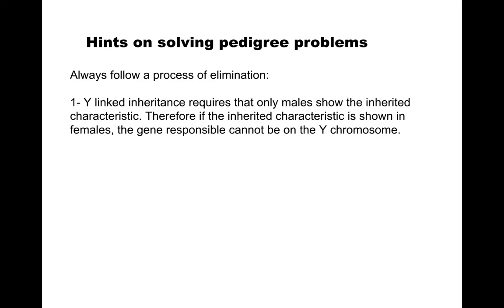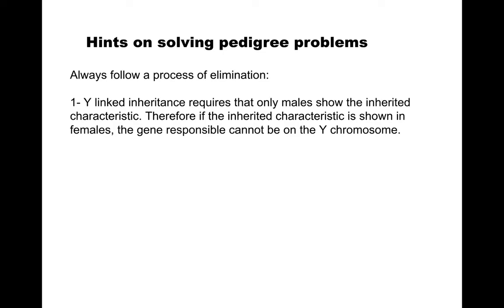So what does that look like? For example, if one of the choices is Y-linked inheritance, meaning that the gene responsible for the property you're following is on the Y chromosome, then with a simple scanning of the pedigree, you should be able to rule it out.